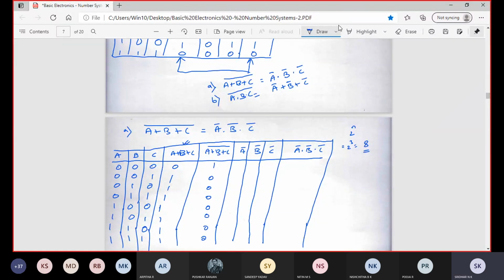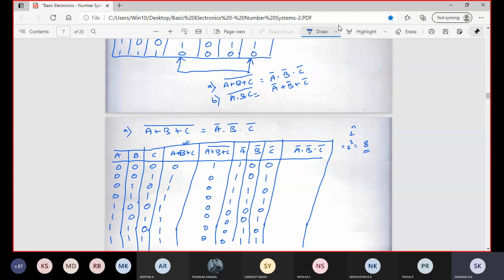A bar. So 4 ones, 4 zeros. Correct? Yes, sir. B bar is 2 zeros, 2 ones, 2 zeros, 2 ones. C bar is alternate: 0, 1, 0, 1, 0, 1, 0, 1. Correct?